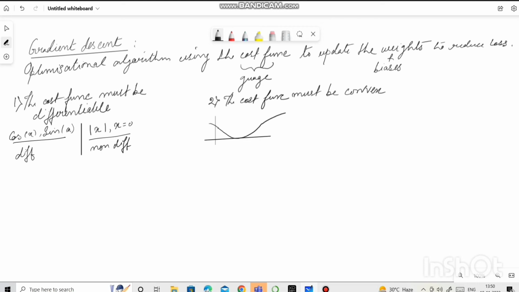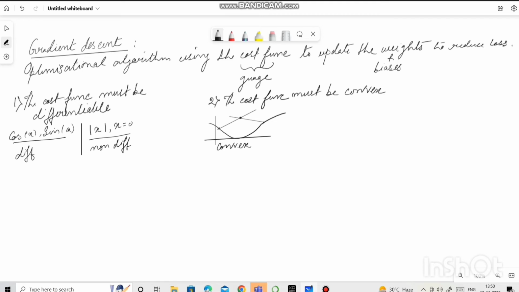If we take any 2 points on the curve and draw lines from each of those points, those two lines should intersect at a point which is over the curve. Only then it would be convex. So it's a convex function.